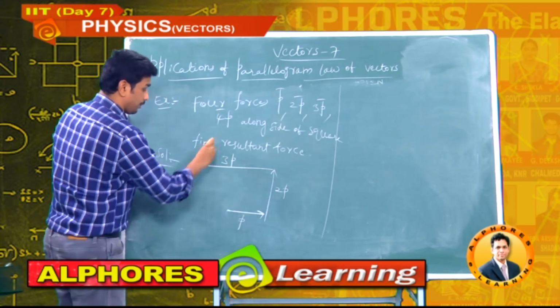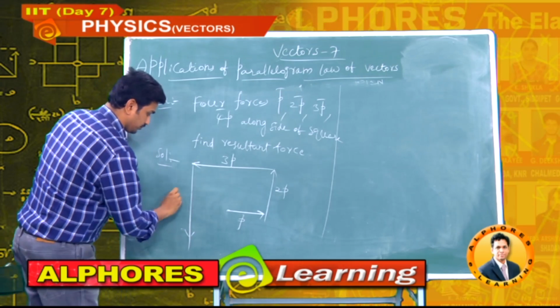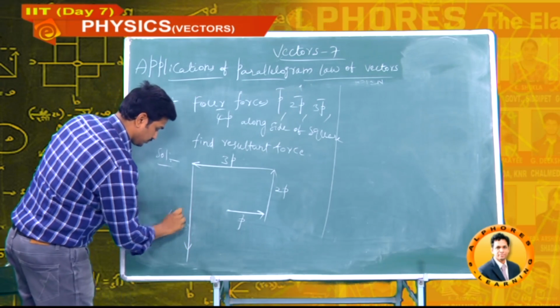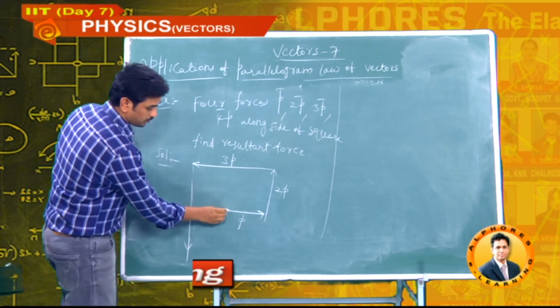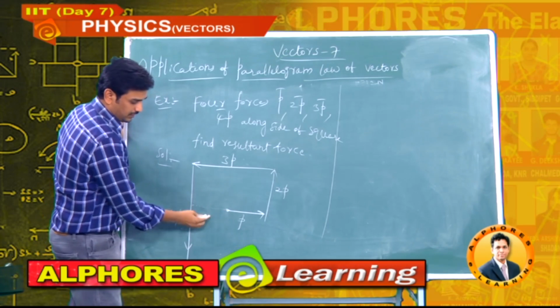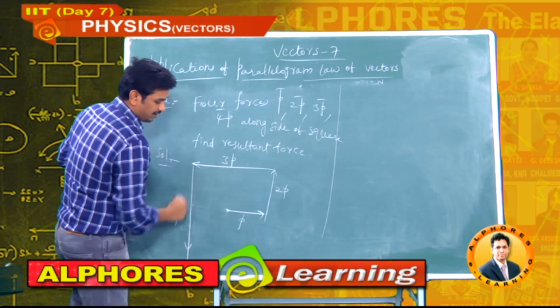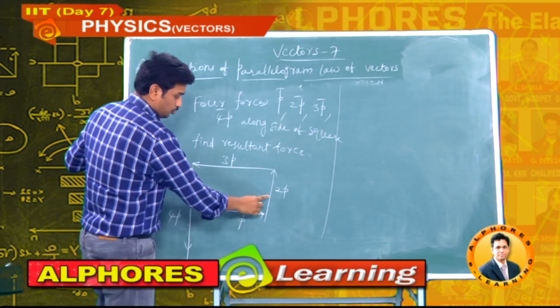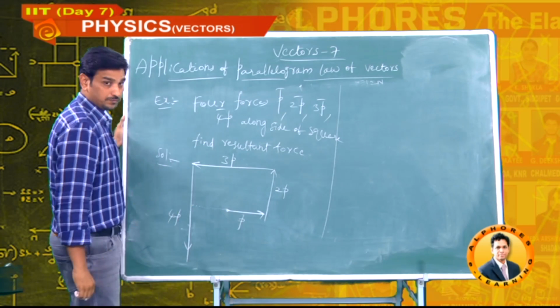Now 4P, it's 4P. Now this is the dotted line. It's not there, I just took it for filling the square. Now P, 2P, 3P, 4P.